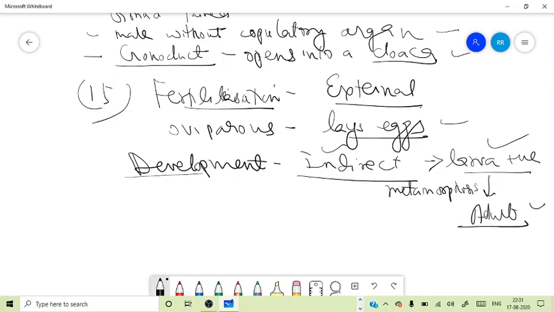So the development is generally indirect, with a larval stage which changes into an adult by metamorphosis.